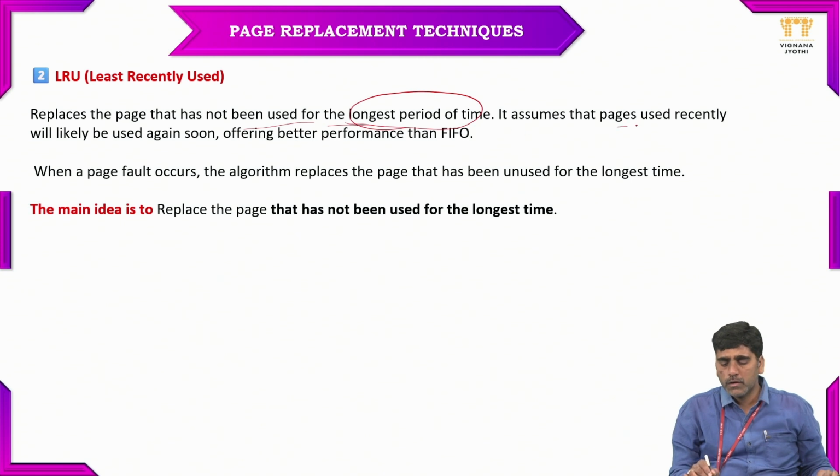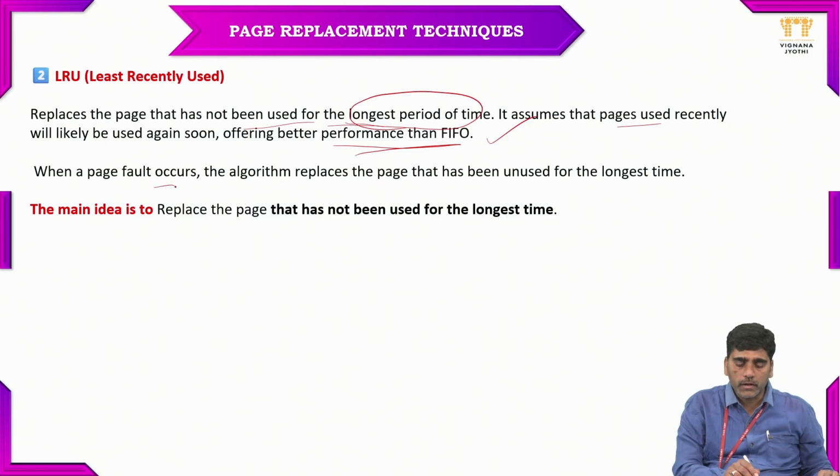It assumes that a page used recently will likely be used again soon. It offers better performance than first in first out order. We cannot say it is always good, but we can say it gives better performance than first in first out order.